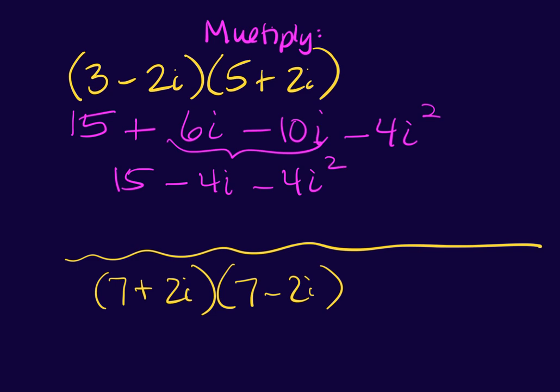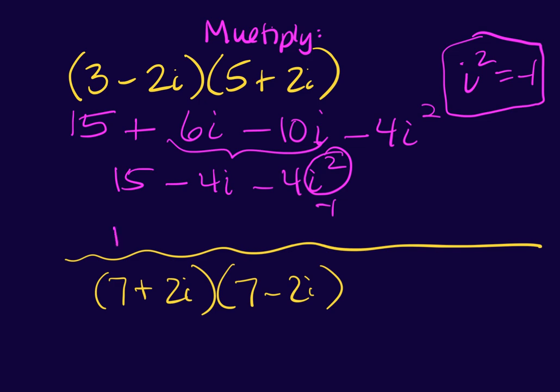If we remember back to our first slide, we said the definition of i squared is -1. And since that's a real number, if I see an i squared in my answer, -1 is always going to be a better version of that. So if I plug in -1 here, it would be multiplication, -4 times that. Really, I have this. That's really going to become a +4 in the back.